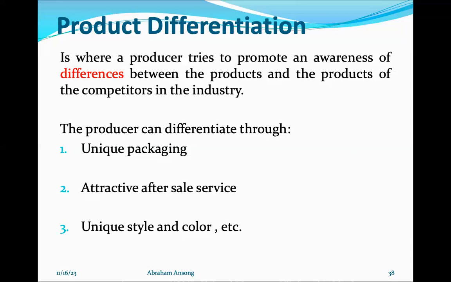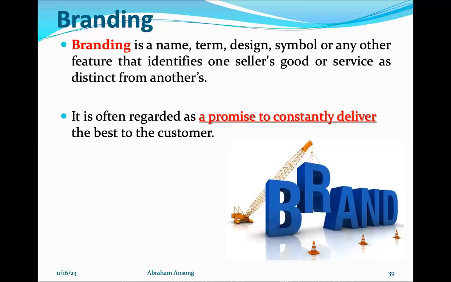You can differentiate your products or services through attractive after-sales service, right? So you can use attractive after-sales service or support as a way of differentiating your product from other product offerings. Okay, you can use unique style and color back to the packaging in order to differentiate your product from those of your competitors or rivals. All right.